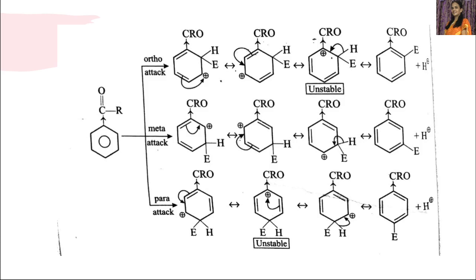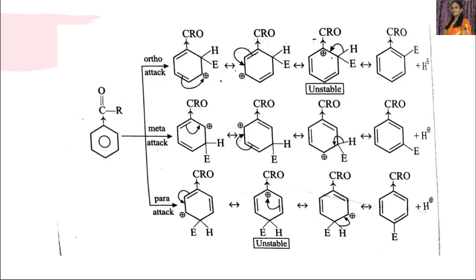So let us consider this. You can see here, this is the aldehyde group or ketonic group, the C double bond O group. When it is present directly on the benzene ring, what happens to the electrophilic substitution?